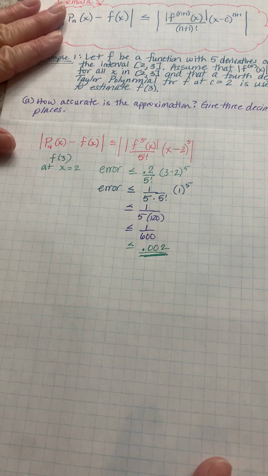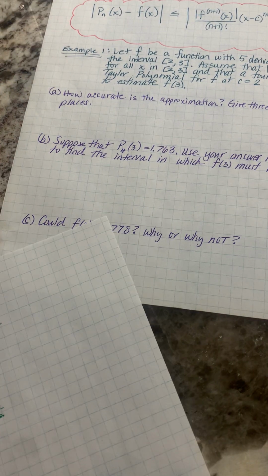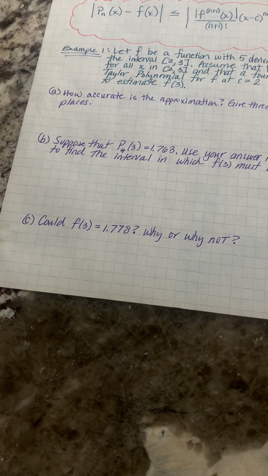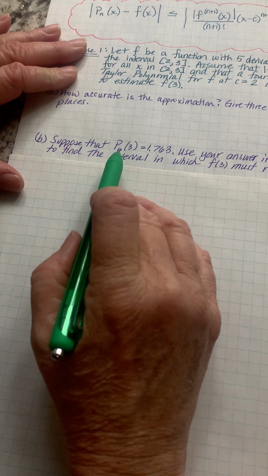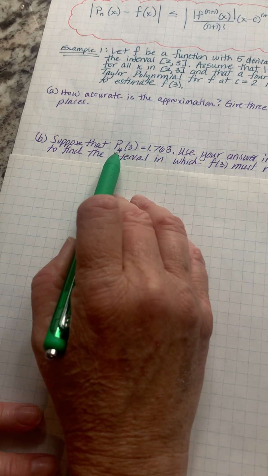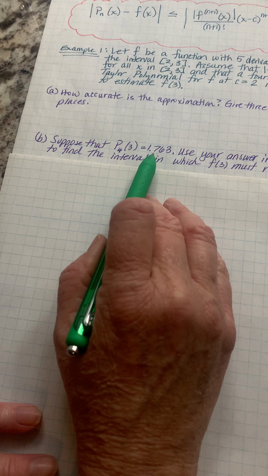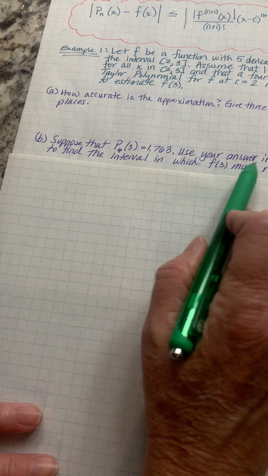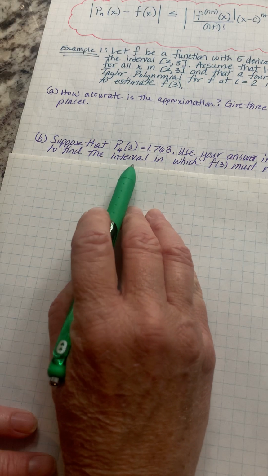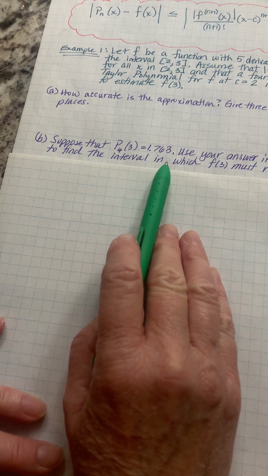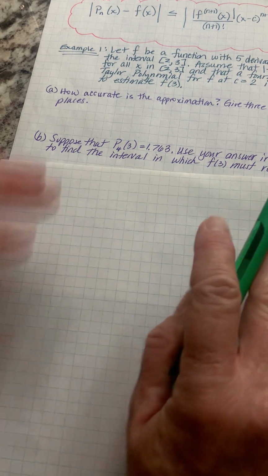Okay, part B. Part B says, suppose that the fourth polynomial, or the degree 4 polynomial at x equals 3 is 1.763. Use your answer in part A that we just got to find the interval in which f of 3 must reside.